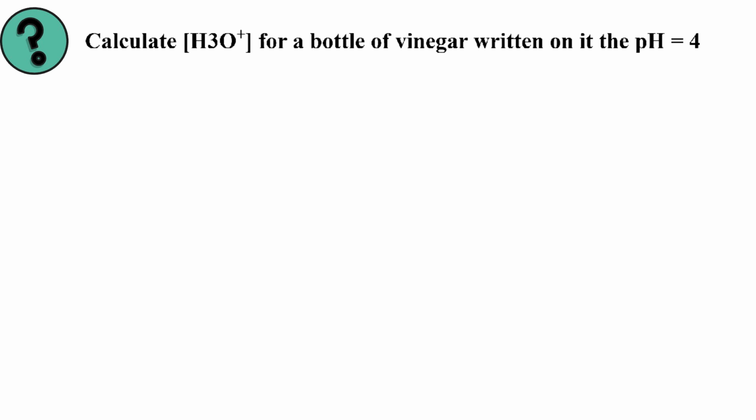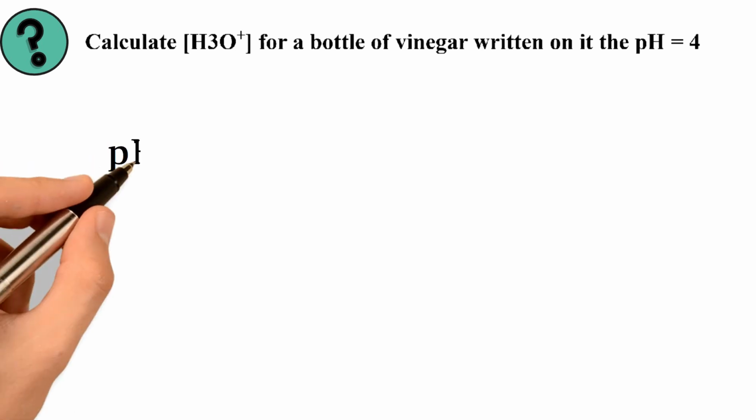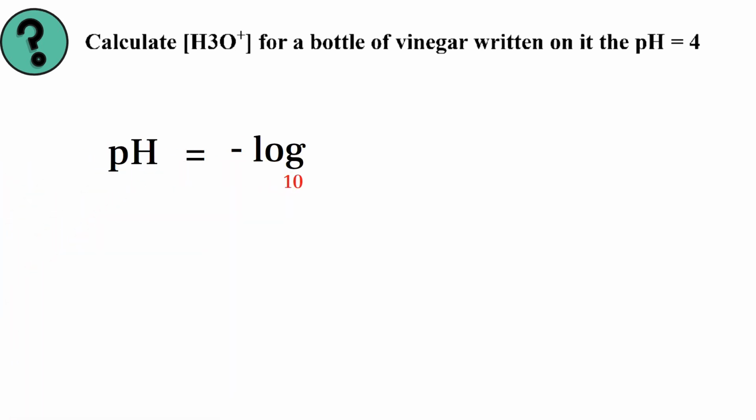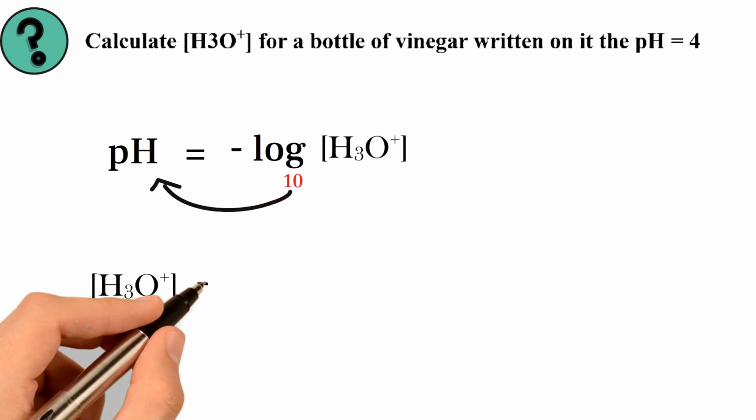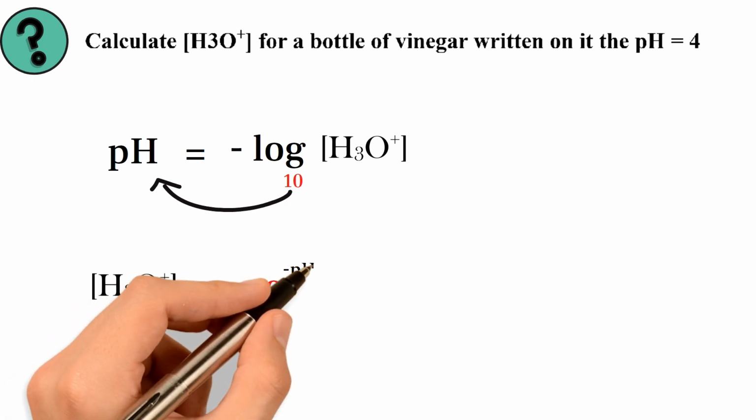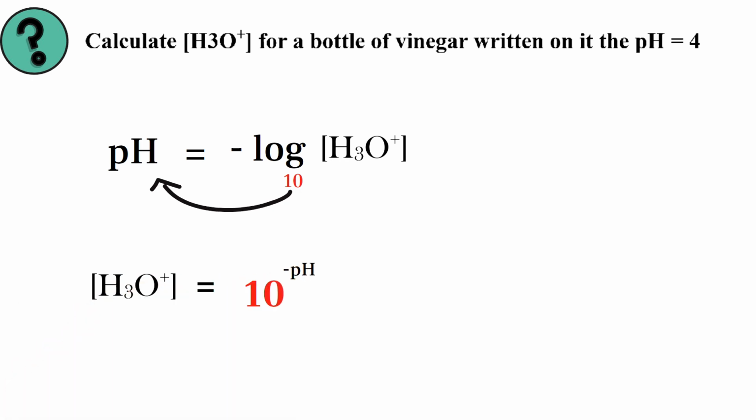Note that in this question we are given a pH value and we need to find the concentration of H3O+ ions, where the concentration of H3O+ ions is equal to 10 to the power of negative pH. And by substituting the values, the concentration of H3O+ ions is equal to 10 to the power of negative 4.